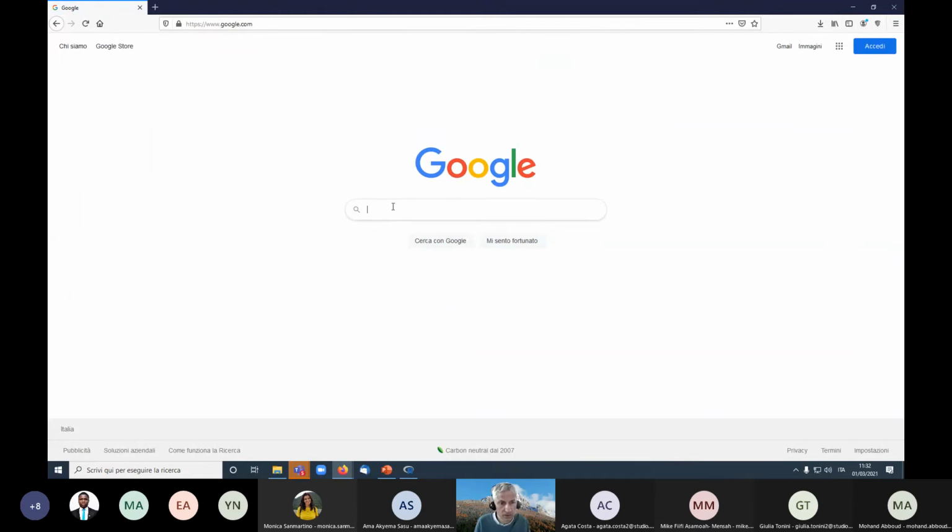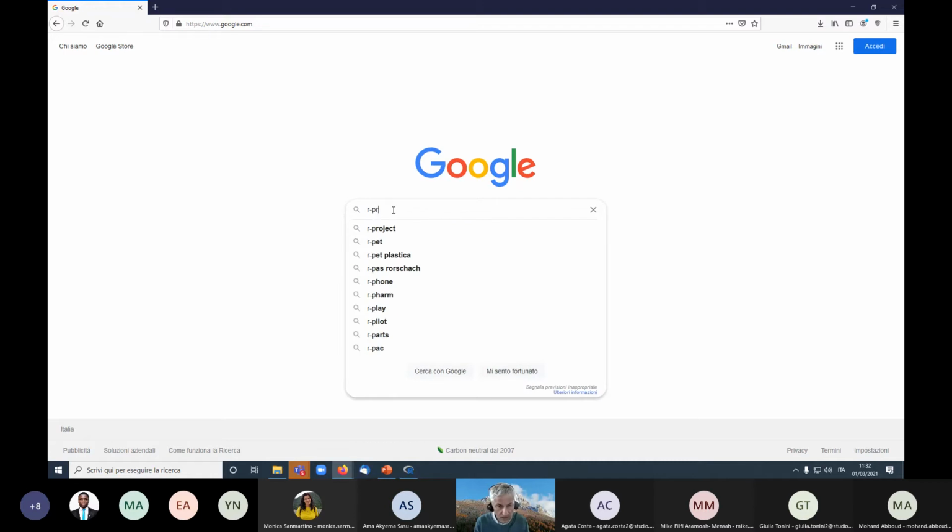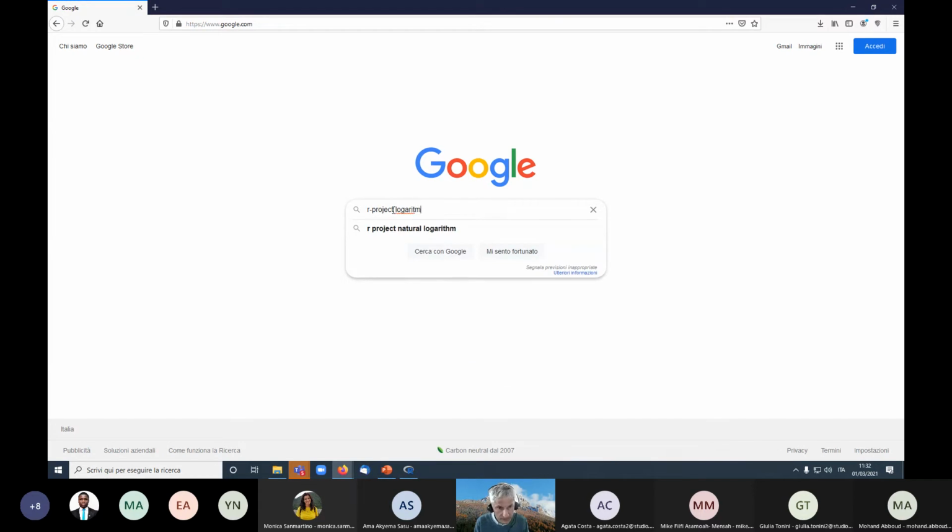Okay, here I am on Google. Now, what is my question? Logarithm base 10. So let me use this key for the search, R project, and then logarithm base 10.